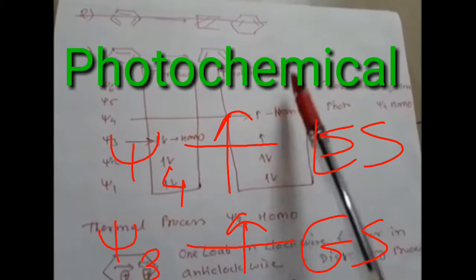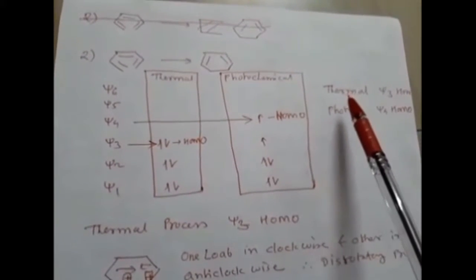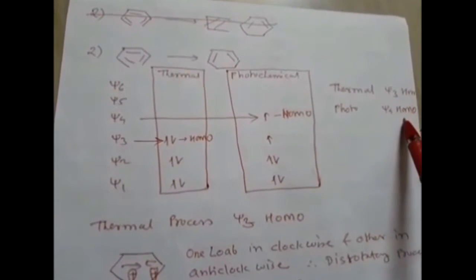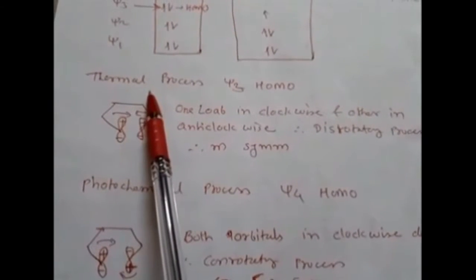So in case of photochemical process, Psi4 is HOMO, that is highest occupied molecular orbital. So in this way, in case of thermal reaction, Psi3 is HOMO, and in case of photochemical reaction, Psi4 is HOMO.